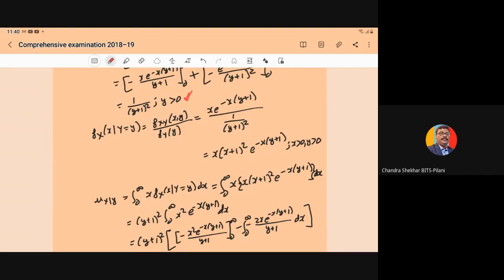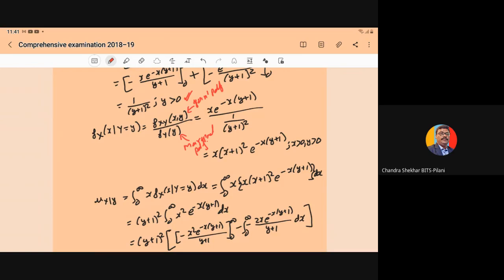From here, if you compute f of x given y, by conditional probability it becomes f(x,y) upon f of y, the joint PDF upon the marginal PDF. The joint PDF is x e^(-x(y+1)), and the marginal PDF we have computed in the earlier part, 1 upon (y+1) whole square.